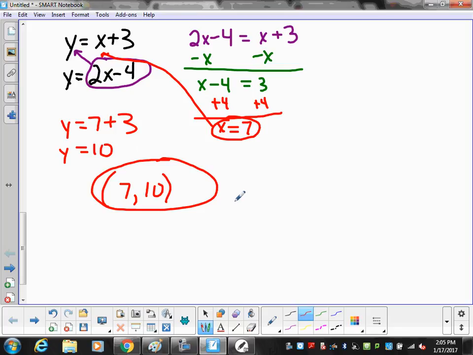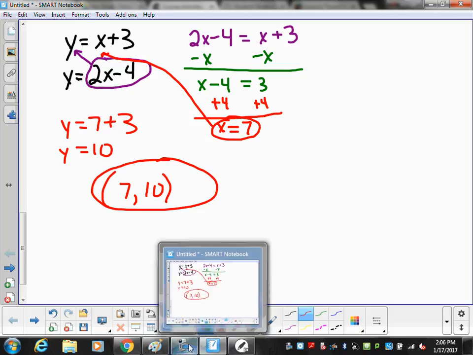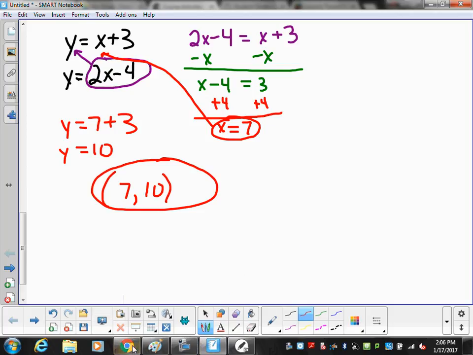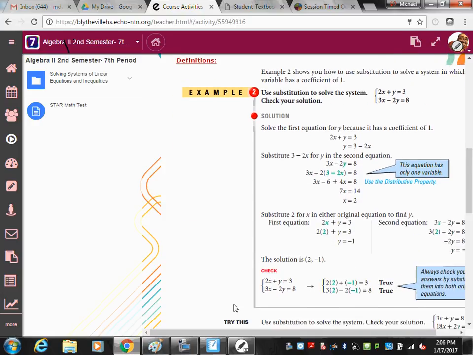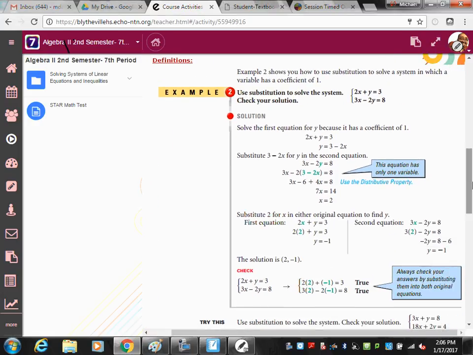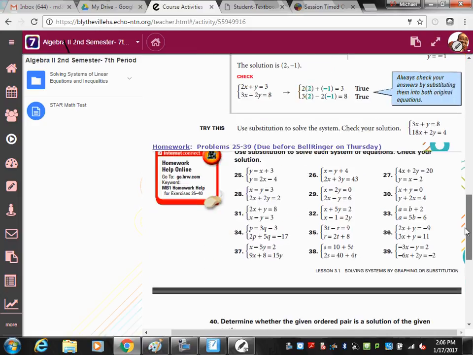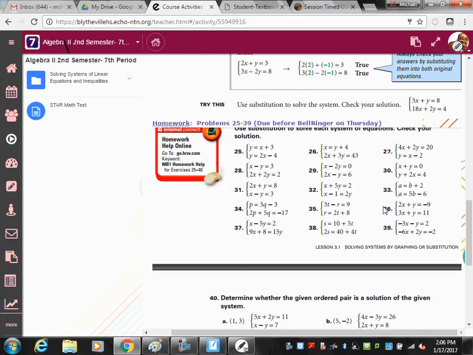So y'all, there are some problems that you need to have done by Thursday, which means you will get some time tomorrow. We're going to go over a couple more problems in class tomorrow, but you'll have some time tomorrow also. Your assignment is on the agenda on Echo. Those of you that do not have Echo, you will need to figure out a way to get these problems. It's 25 through 39, 15 problems.